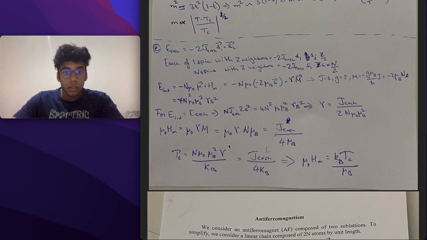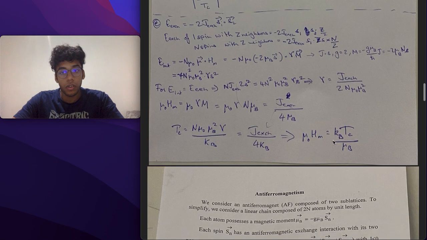So then we arrive at a relation between your mu naught hm and your Curie temperature, the magnetic field and the Curie temperature.